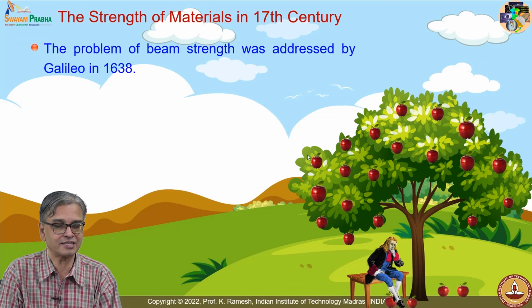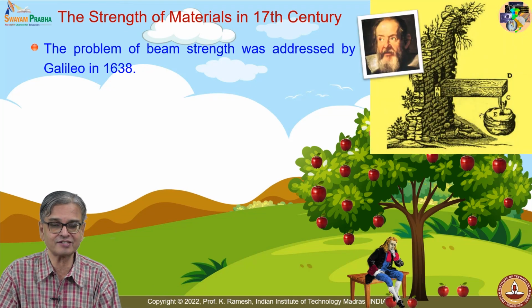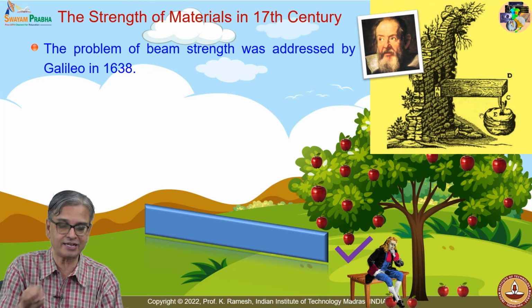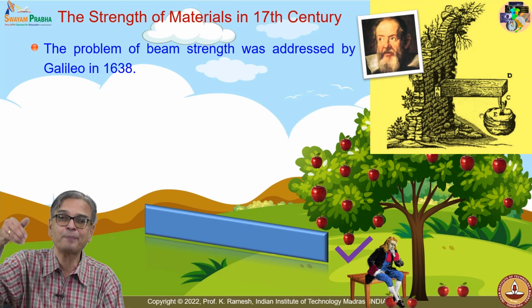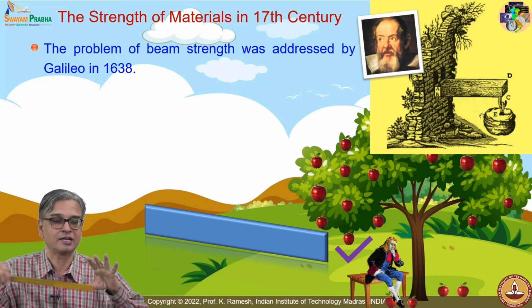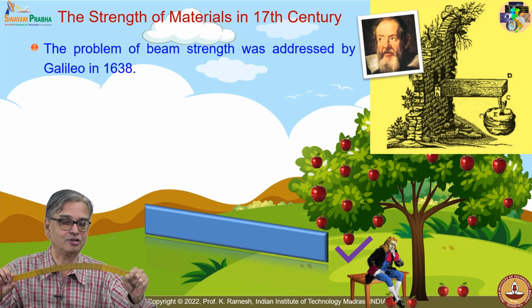So, strength was addressed by Galileo in 1638, but he found a very interesting answer. The answer was, if you take a scale and put it in this fashion and apply an end load, clamp it on one end and put an end load, okay. I have a cross section which cannot do this because it is not a scale.